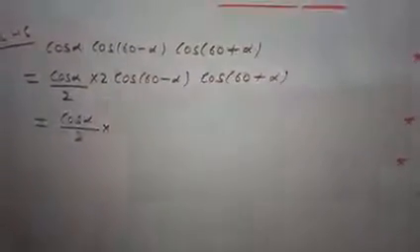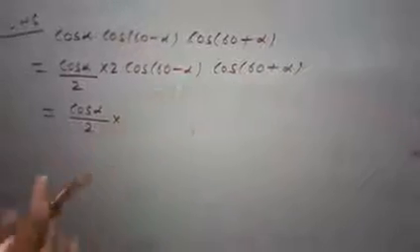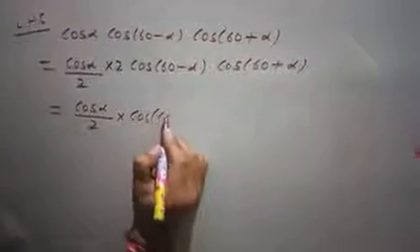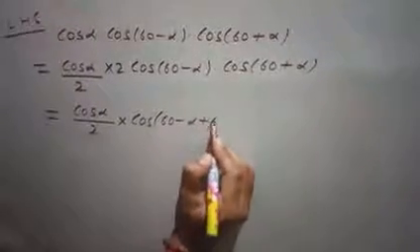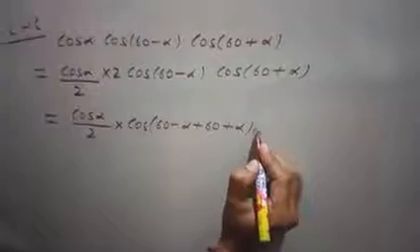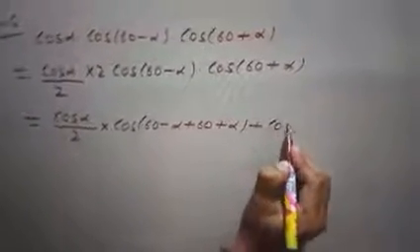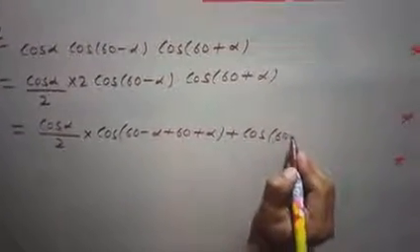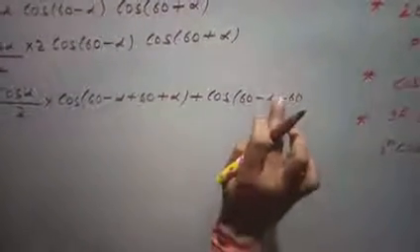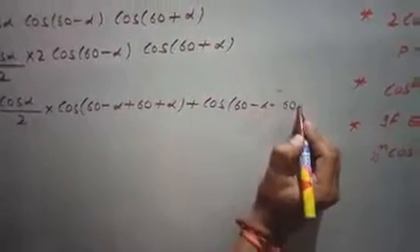Two cos A cos B, and the formula is cos(A plus B) plus cos(A minus B).